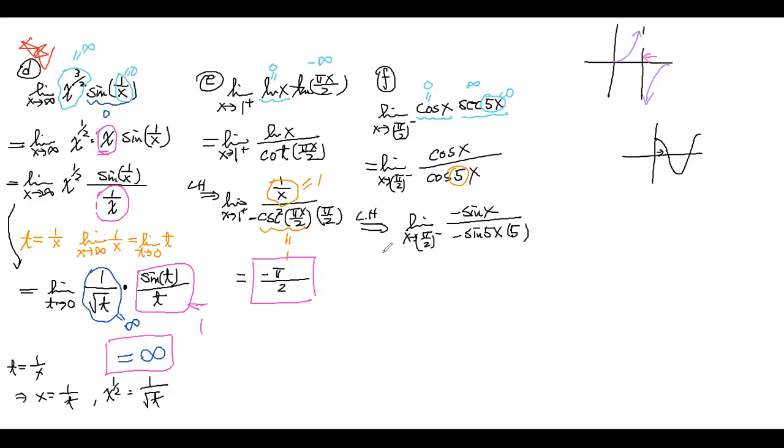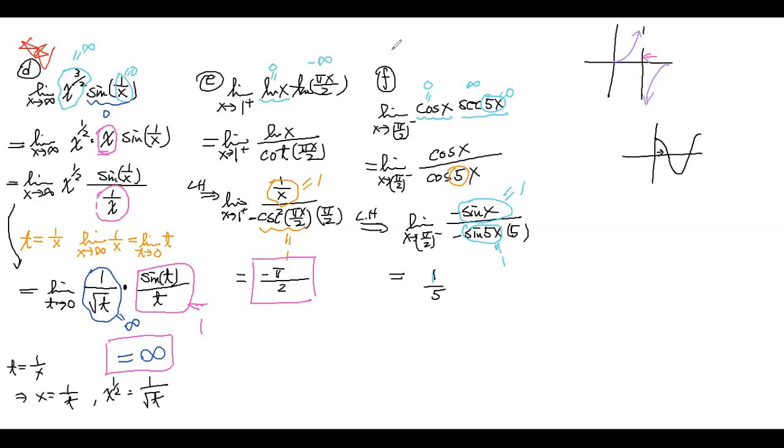Now let x approach pi over 2. Sine x approaches 1, and sine 5x, sine of 5 pi over 2, also approaches 1. So my final answer for this one is 1/5.